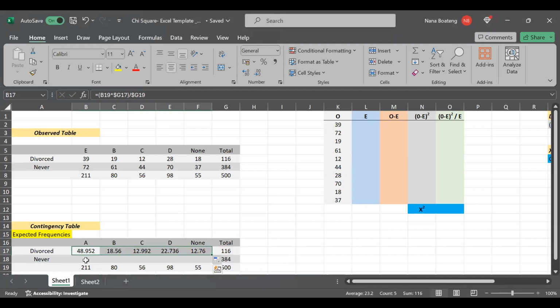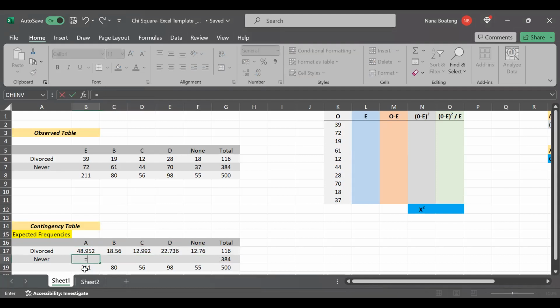And then we can do the same thing here. Put this in a bracket. And multiply it by, this time around we are using this, yeah? And then we divide by the total. So, back to rest. The dollar sign, so that's it. It doesn't change.